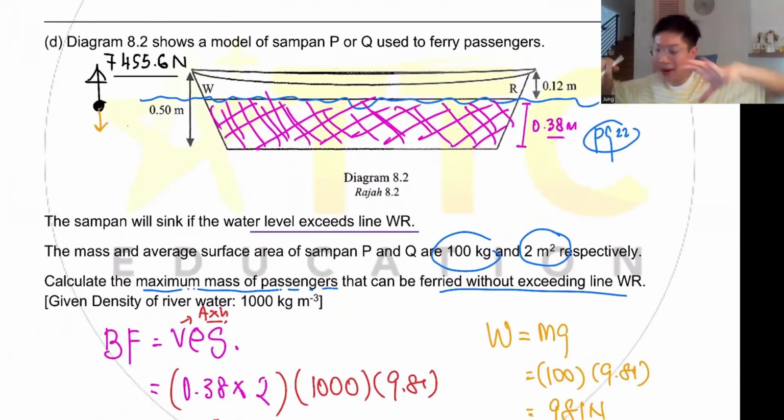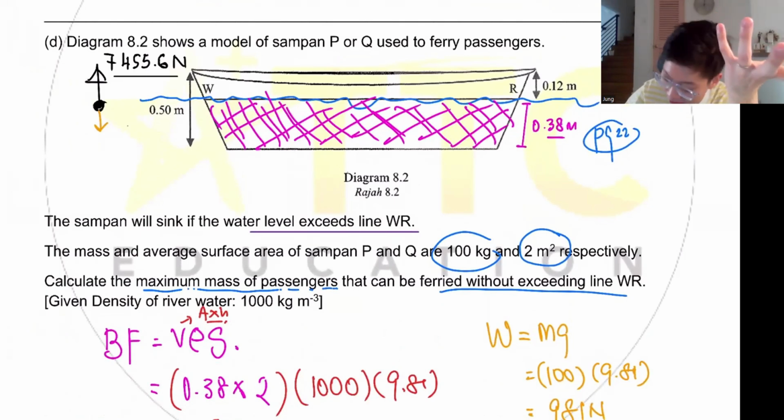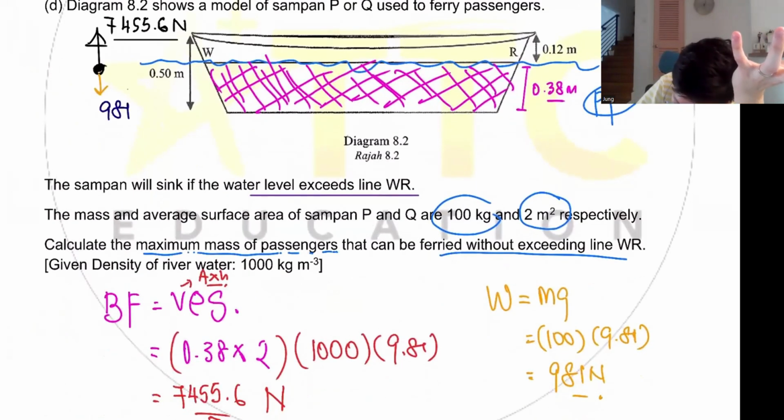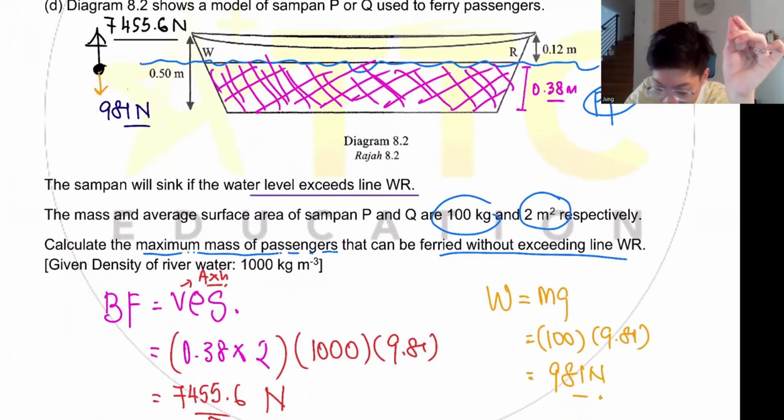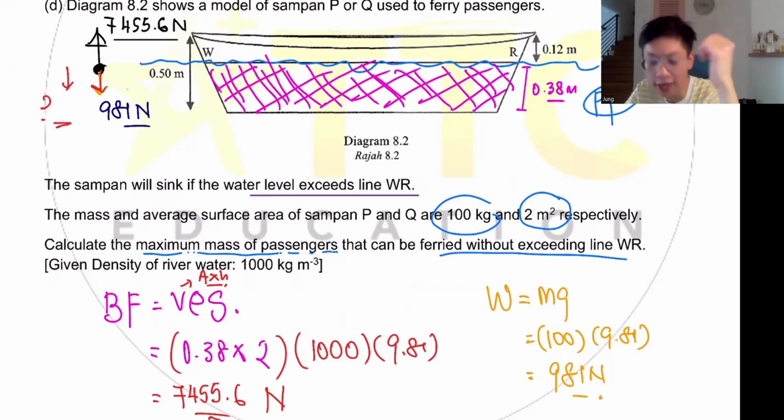So now my boat can produce 7455.6 Newton going up, but the weight of the sampan is only 981 Newton. So now, can you tell me how many more people can I fetch?